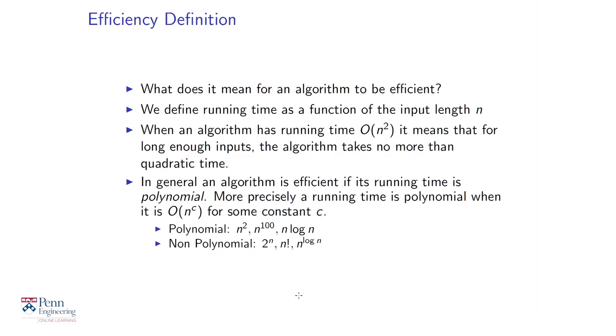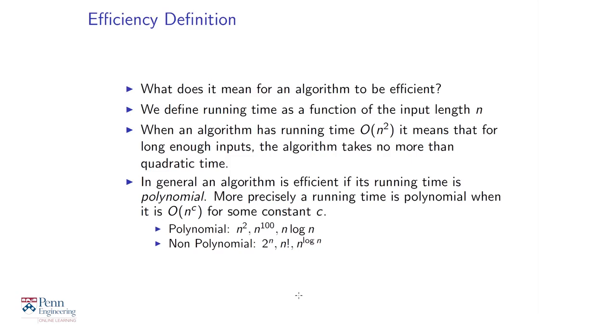That is, it grows only as n squared or n cubed or some small polynomial. So what is a polynomial? Basically, we say that an algorithm is efficient if its running time is big O of n to the c for some constant c. As I said, quadratic would be order n squared, cubic would be order n cubed, but even n to the 100, even though that's a terrible running time, would still be considered polynomial time.